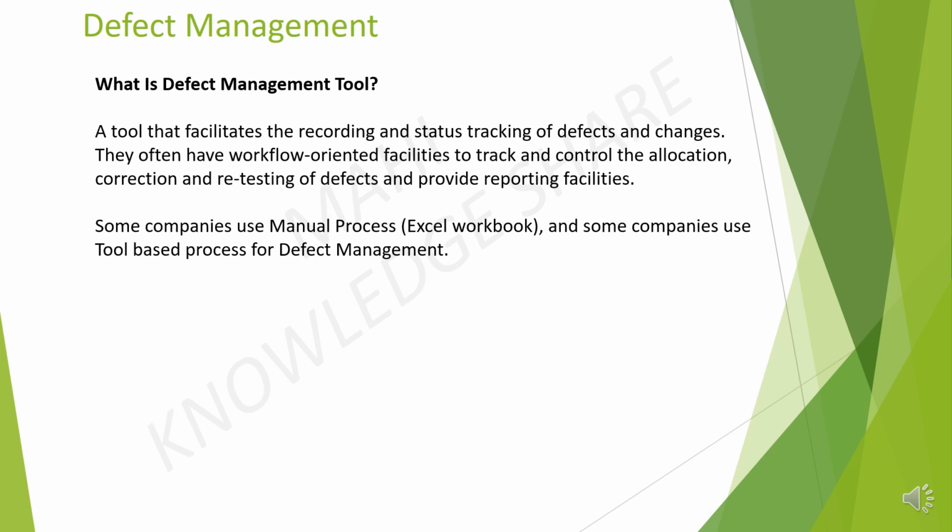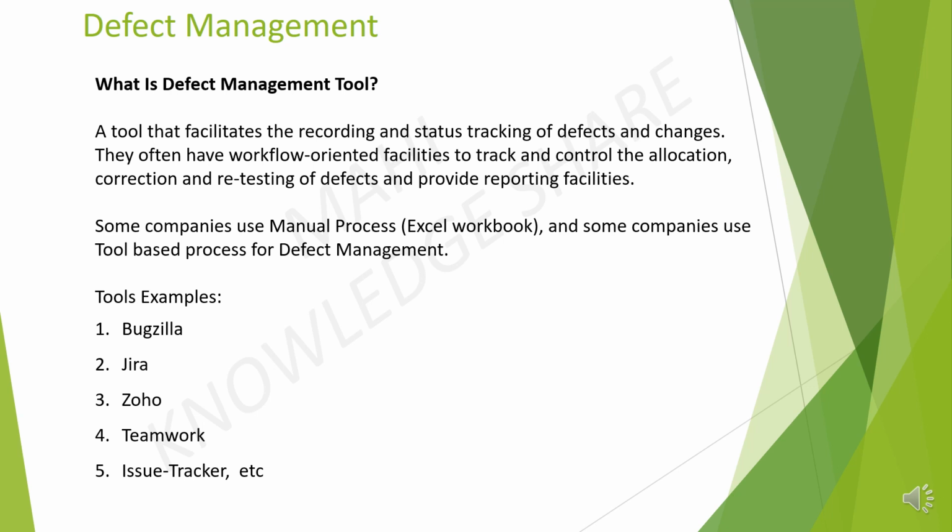Some companies use a manual process like an Excel workbook, and some other companies use a tool-based process for defect management. Tools available in the market like Bugzilla, Jira, Zoho, Teamwork, Issue Tracker are mainly used in most of the companies.